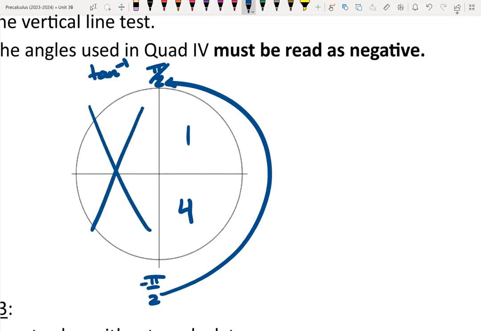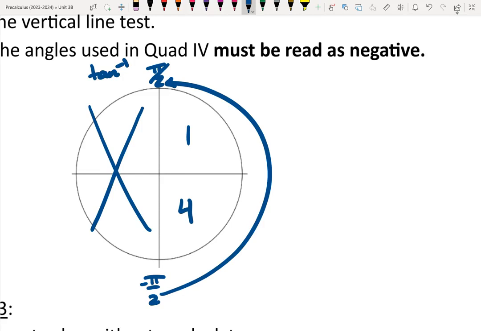So what does this look like? Somebody said it looks like sine inverse, right? Yeah, tan inverse and sine inverse actually share the same range restriction. They both go from -pi/2 to +pi/2.